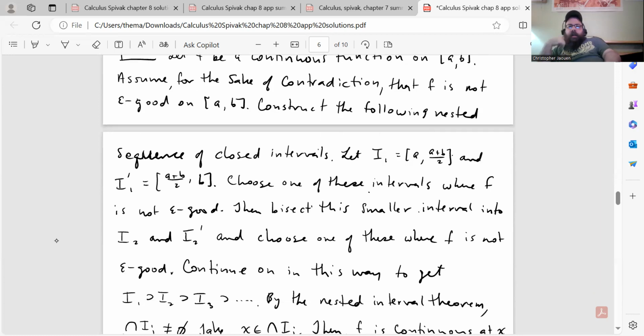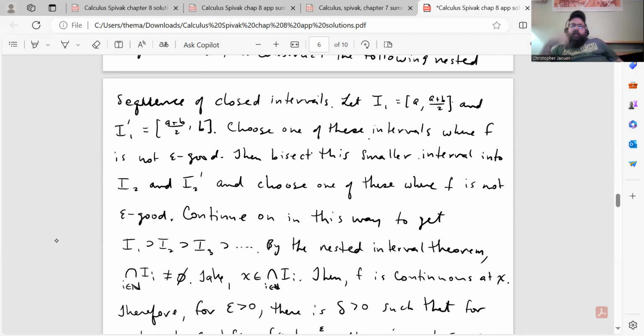So let I1 be the left-hand half of the interval from A to B, and let I1 prime be the right-hand half. Choose one of these intervals over which f is not epsilon good, then bisect this smaller interval into I2 and I2 prime, and you just keep going on, and choose one of those where f is not epsilon good, and you could just keep going on and on like this, right?